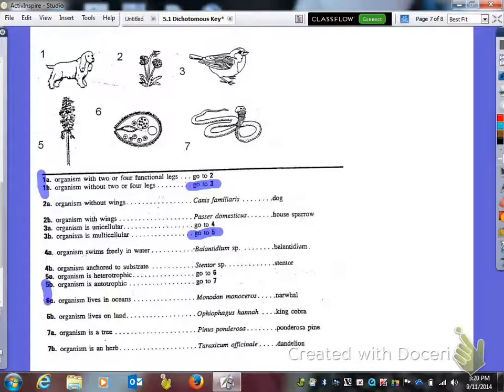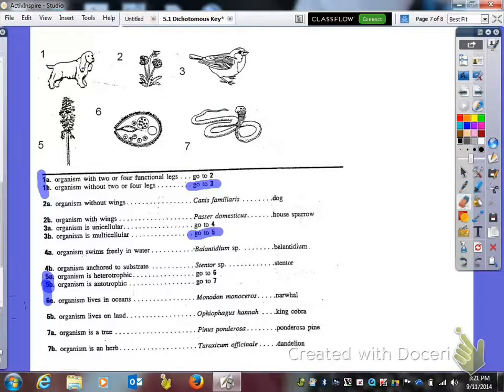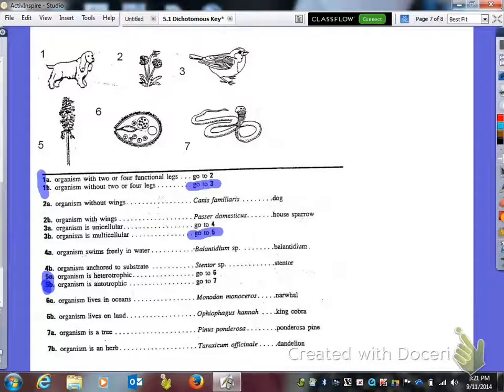So now that we're at number 5, organism is autotrophic, or organism is heterotrophic. And I went down to 6, sorry about that, a little bit. Oops, let's get that off of there. Okay, so we're looking at number 5. Now, sometimes you may not know terminology that's used in a key, so you'll actually need to look that up or use the index in that key to find out what the terminology means.